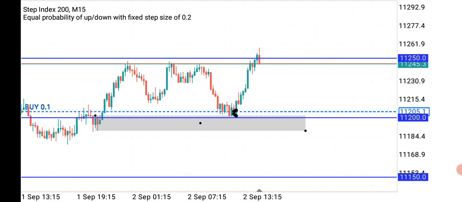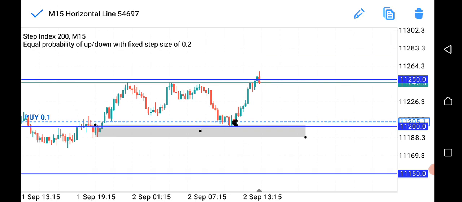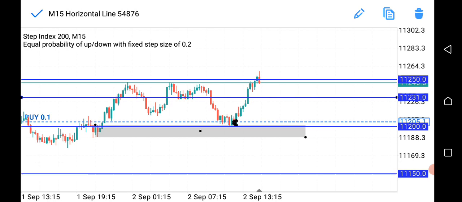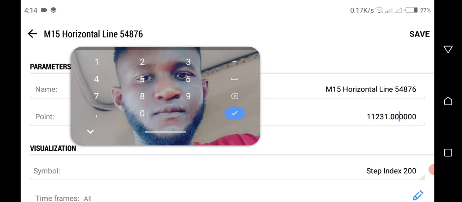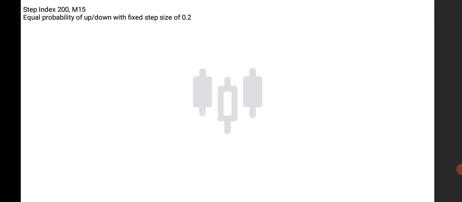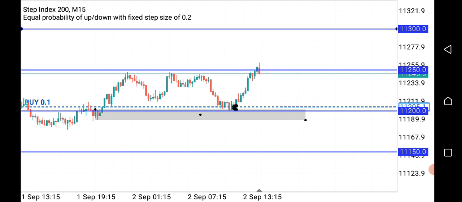Okay, maybe we'll add one more above. That will be 11300. So I just added 4 psychological levels on my screen.